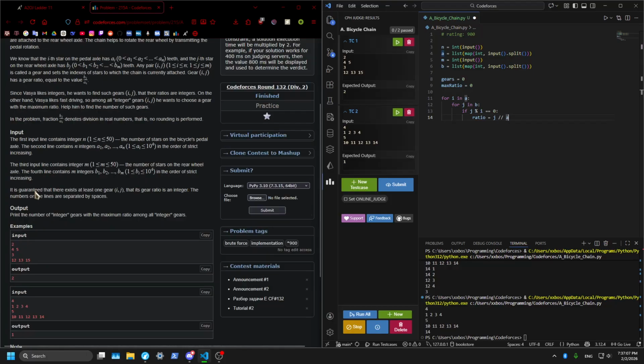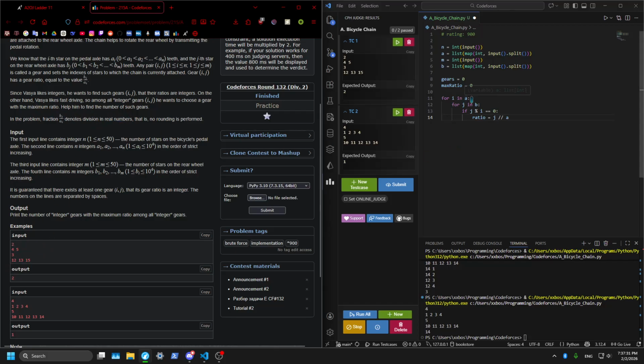Basically, there are gears, so the input is the length of an array, and then an array, the length of an array, an array. And then we have these gears and the ratio between them, so they only want an integer division, array B over array A should be a whole number.